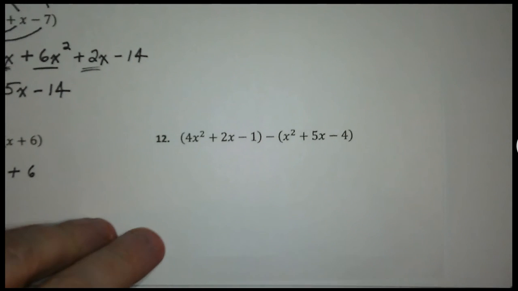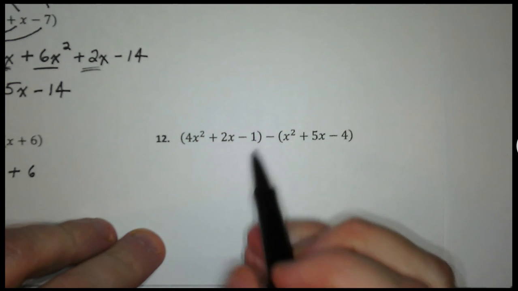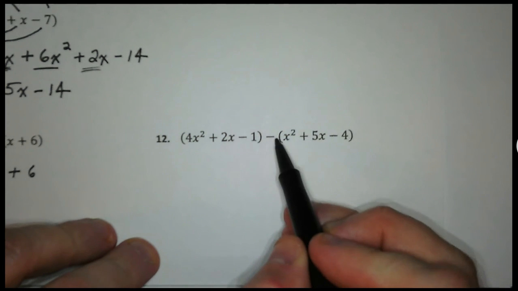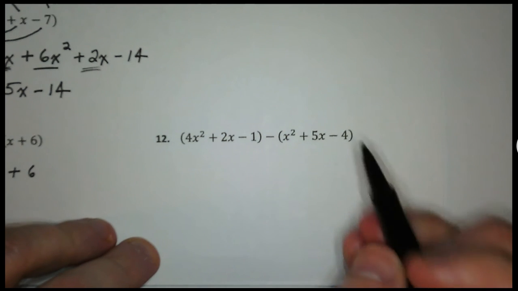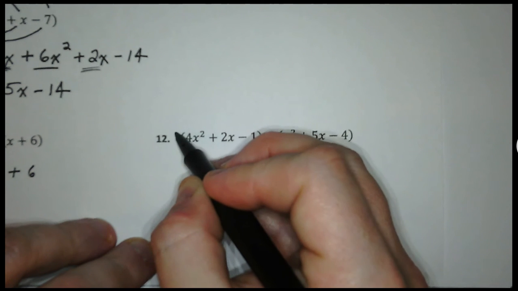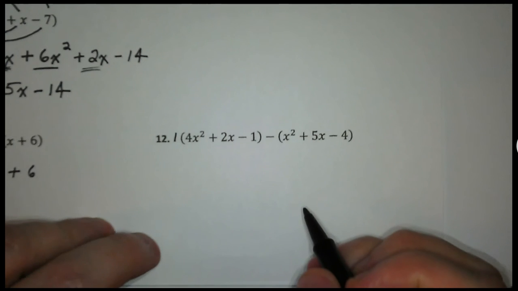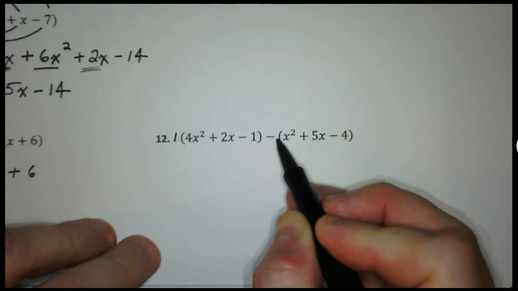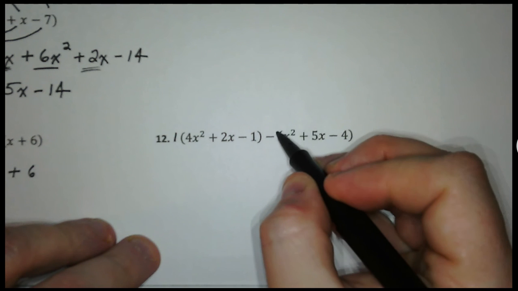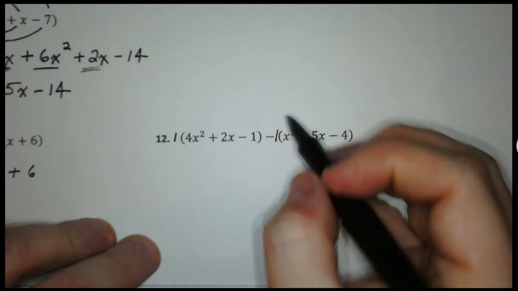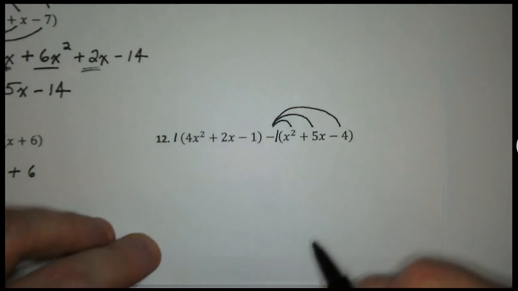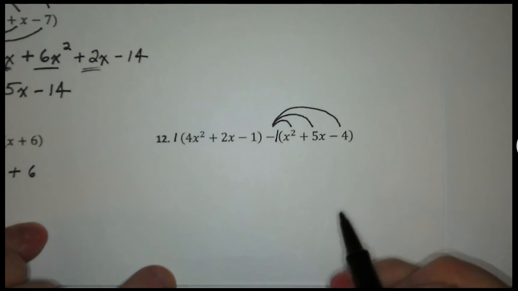How is number 12 a little bit different? Well, once again, we're not multiplying these bubbles together. There's just a minus sign in between. And technically, I guess there's a positive 1 out there you could distribute, but here, what number is here? That's right, a negative 1. Now that is going to have a serious impact once you distribute that.